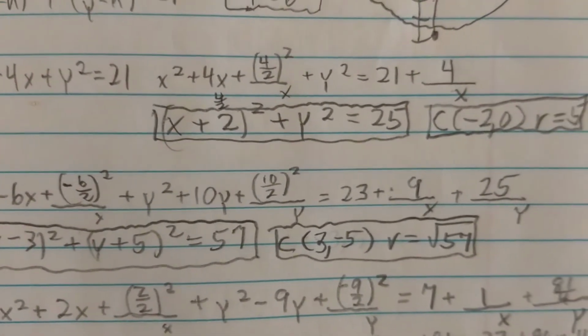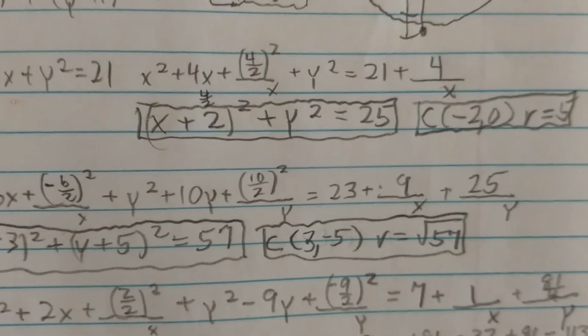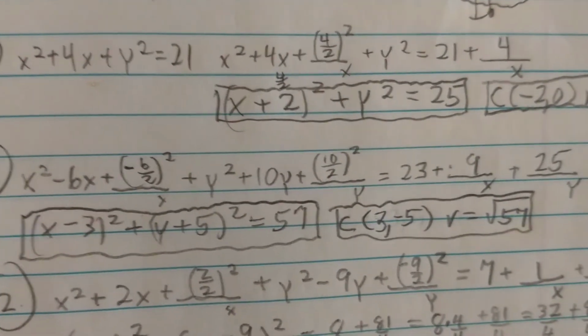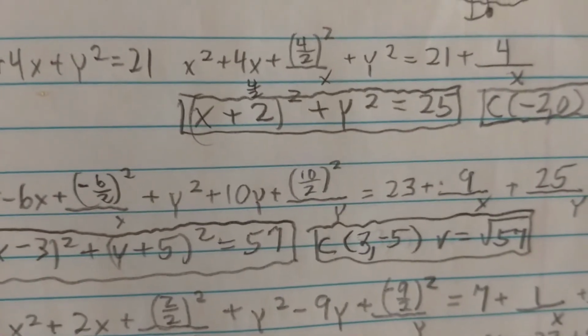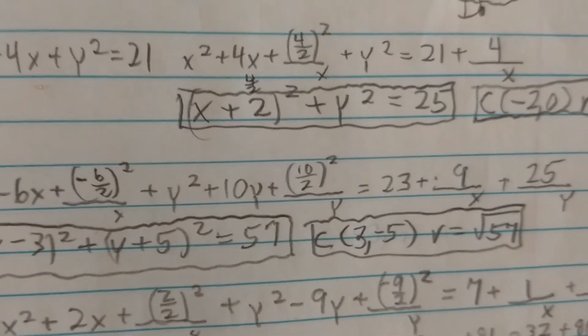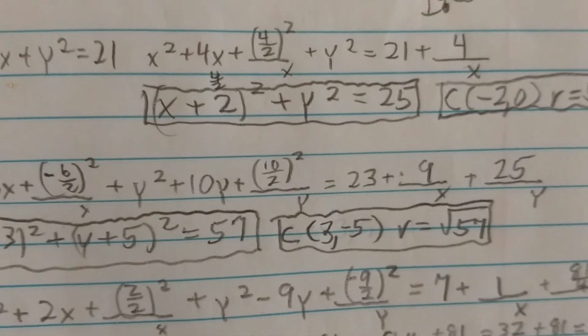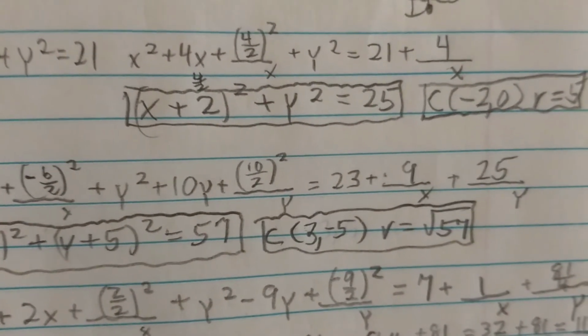So notice on the right side we have 21 plus the blank for x, which is 4. Now to make it squared, we take x plus 4 over 2, which is 2, squared, because x plus 2 times x plus 2 gives us our x squared plus 4x plus 4.